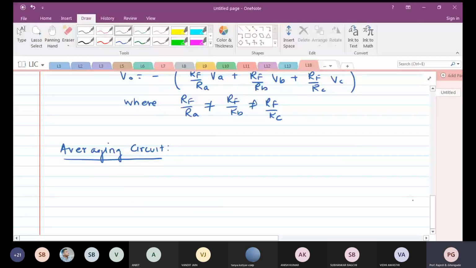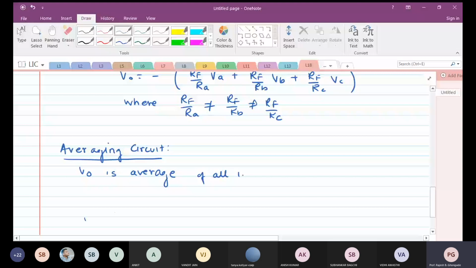What we want is the average of the input voltages, so V out is the average of all inputs.